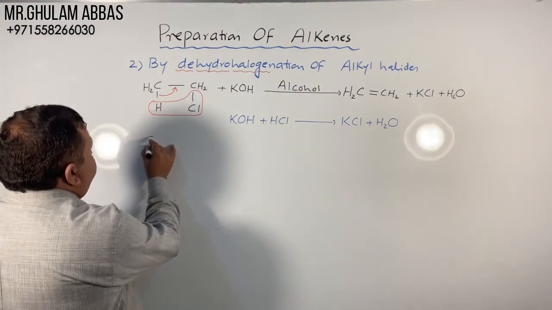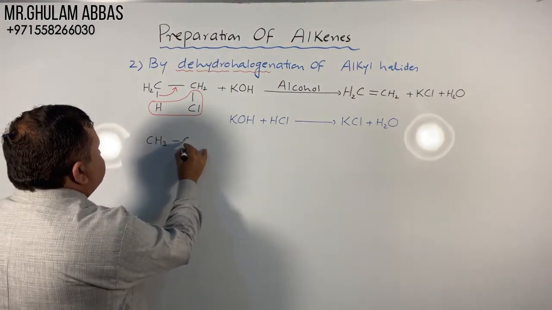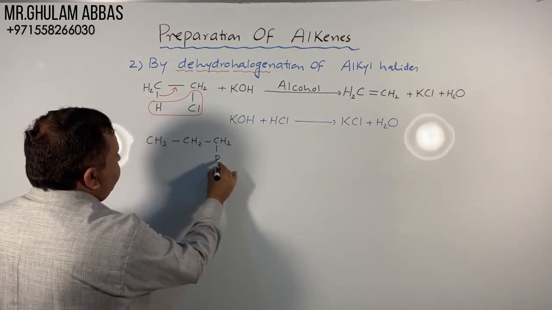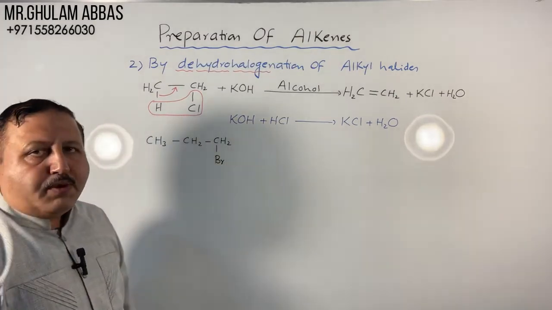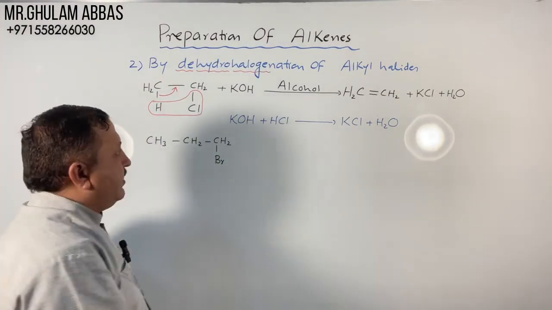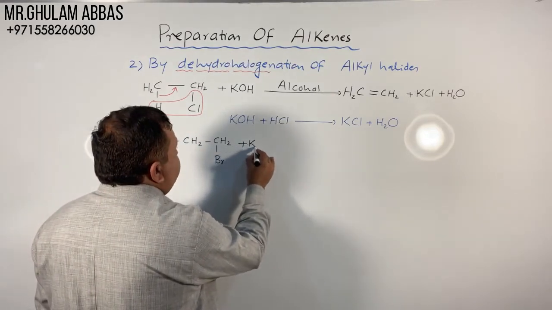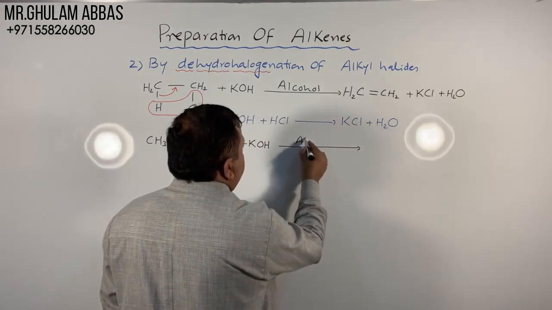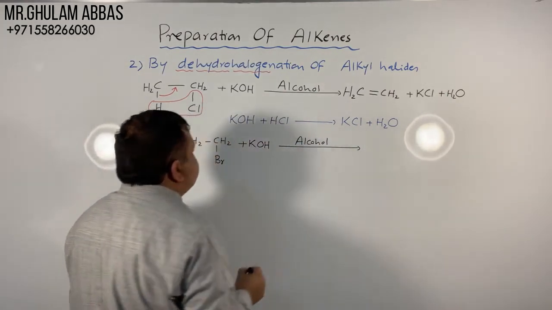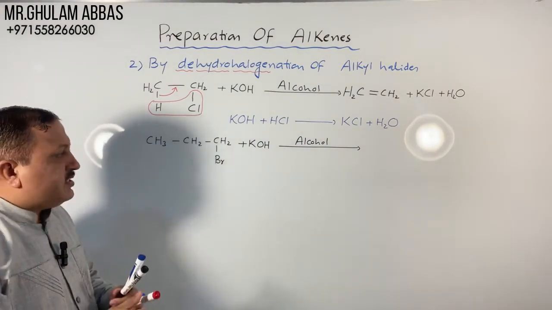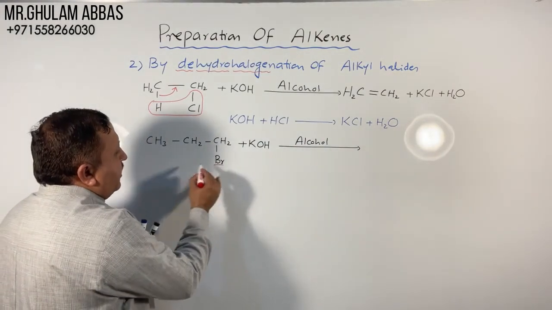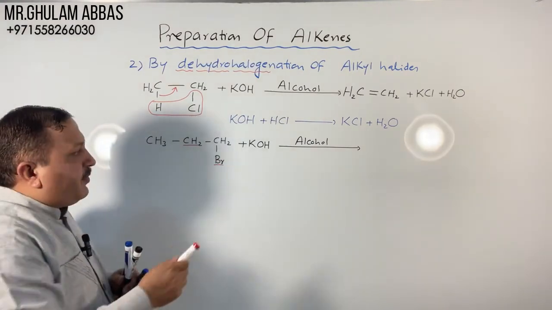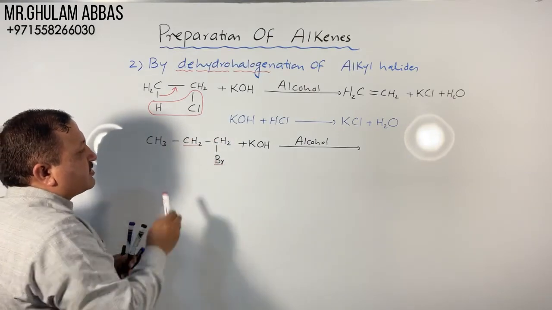Now I will take the example of CH3-CH2-CH2Br, propyl bromide or bromopropane. When KOH is added in the presence of alcohol, the main concept is that halogen is removed from the alpha carbon and hydrogen is removed from the beta carbon, and a double bond is formed between this carbon and this carbon.